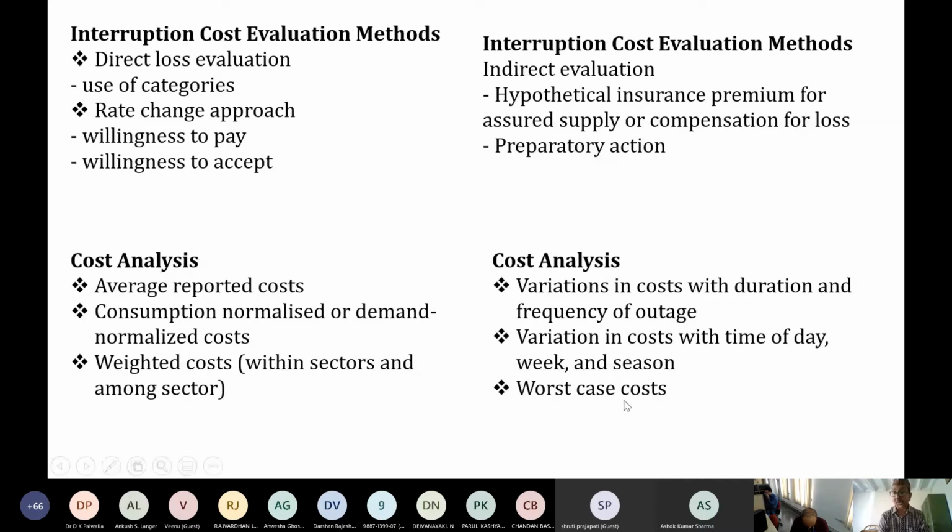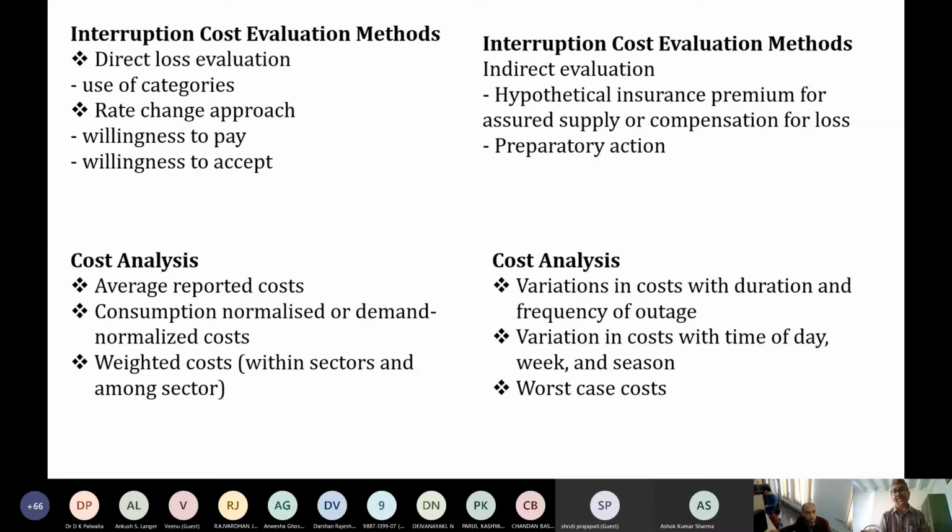Obviously, it matters when the interruption occurs. For example, now I am delivering this lecture, and if there is an interruption in electricity supply, that will cause an interruption of my internet service. Then I will be unable to continue this lecture. So it will have a high cost to me, and not only to me, but to the attendees also.